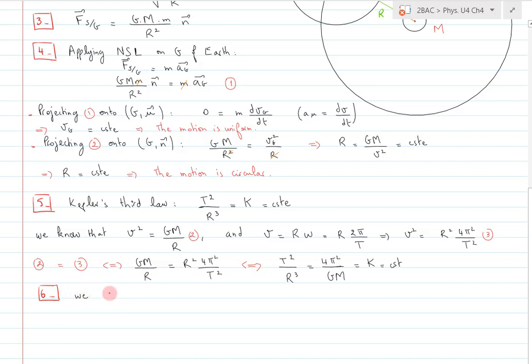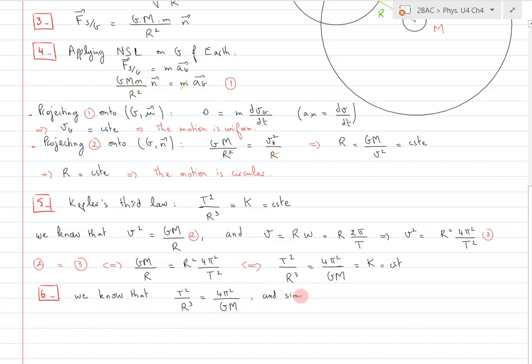So we know that T square over R cubed is equal to 4 pi square over GM. This is for the orbit of the Earth. And we are going to do the same thing for the orbit of the moon.